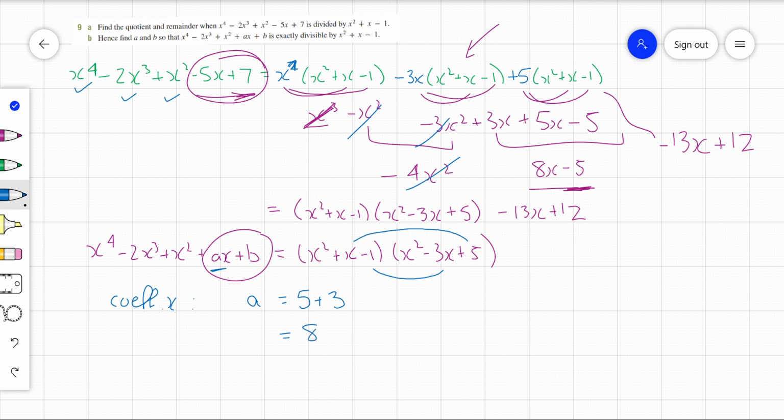Now if I look at my constant, on the left hand side we've got b. On the right hand side, I'll color code, let's go green. Where am I going to get my constant from? The only place is negative 1 times 5, which is negative 5. So a is 8 and b equals negative 5.